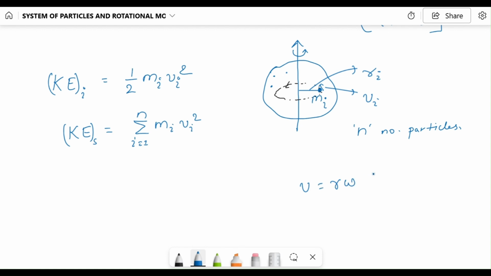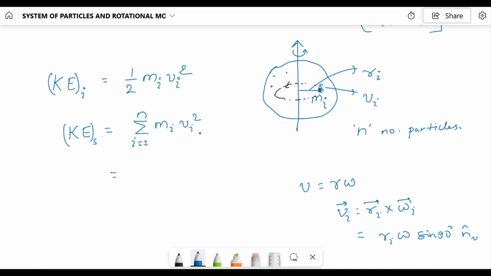It will be r omega sine 90 degrees, so ultimately it will be r times omega. Or you can take vector things too. So you can take vi equals ri cross omega i. So this will be Ri omega sine 90 degrees, and there will be something n cap, which is along this velocity vector. Okay. So this is what we are going to get here.